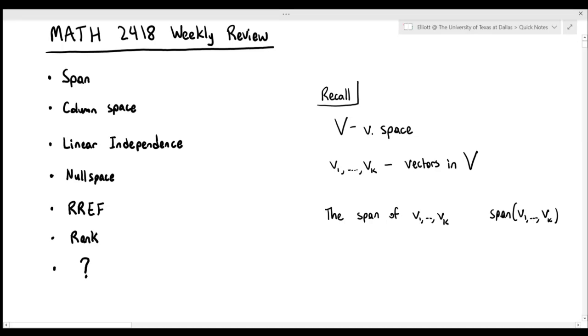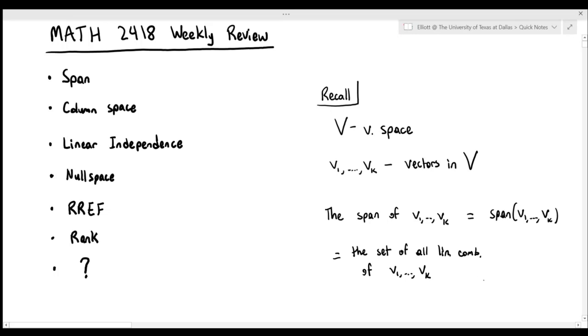The span of a collection of vectors is defined to be the set of all linear combinations of these vectors, V1 through Vk.